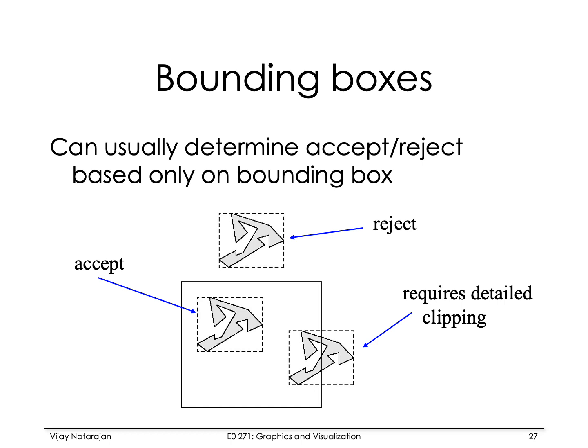If the bounding box is rejected, then naturally your polygon is also rejected. So it's only in those rare cases where the bounding box intersects the clipping window that you need more detailed clipping. So the idea is again similar to what Cohen-Sutherland proposed.